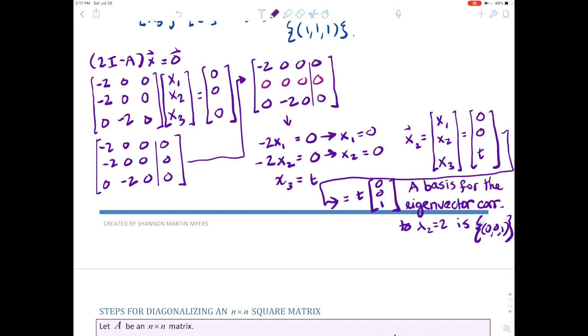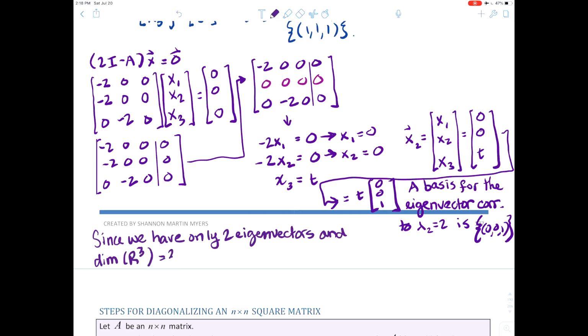Well, what would we conclude for this problem? How many eigenvectors do we have? Good, 2. Since we only have 2 eigenvectors, and the dimension of our space, remember we're in R3, is 3, A is not diagonalizable.